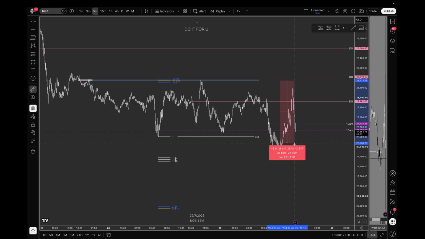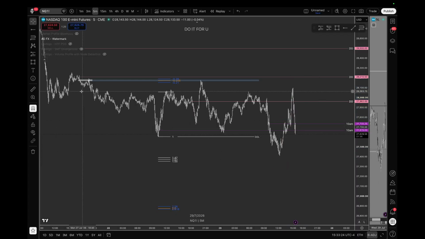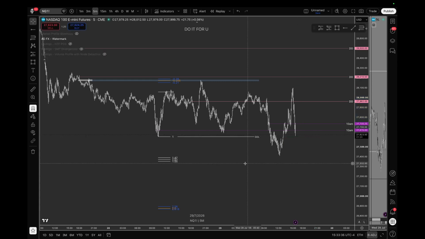So from this wick to this wick, 762 points, and then price literally ran right back up, 688 points, and now we're literally dumping back down, 484 points.